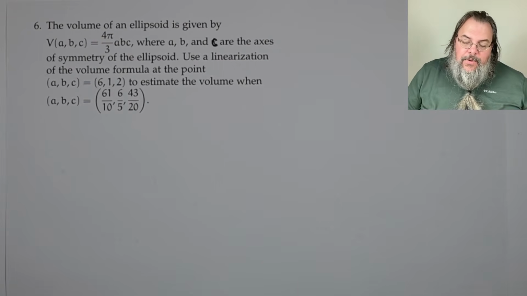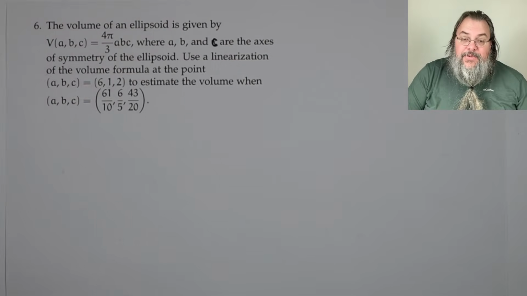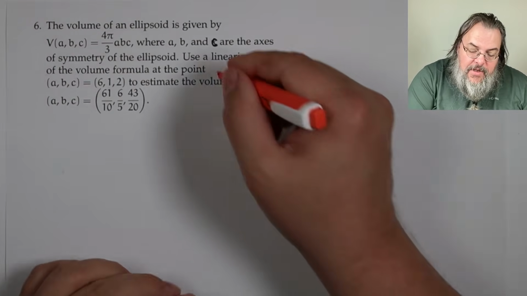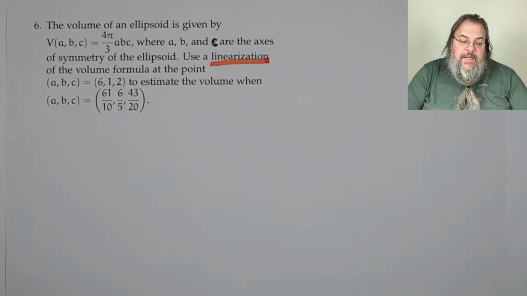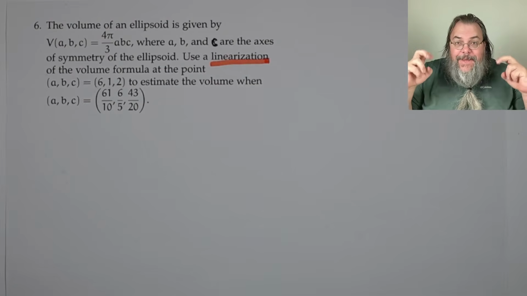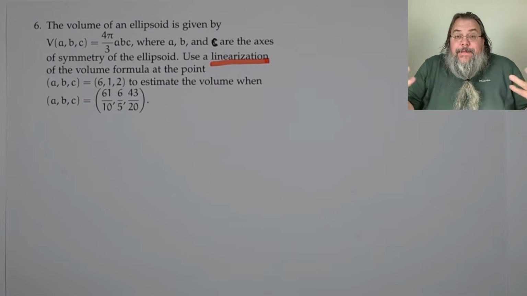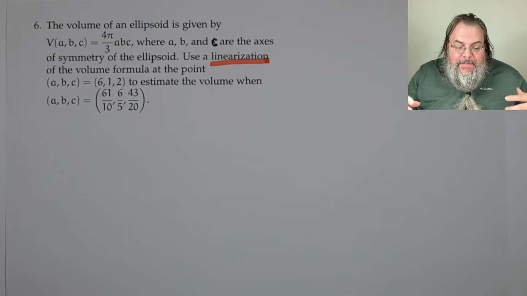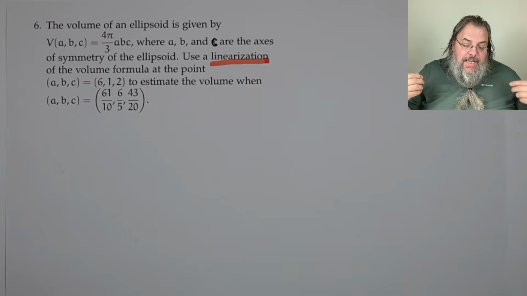Now, what do we see? Well, is there any key word for us? Well, one key word is linearization. So when we're thinking of linearization, we are thinking of the flat thing, because that's basically what linearization means. We're trying to approximate by a flat thing, like a tangent line or a tangent plane.